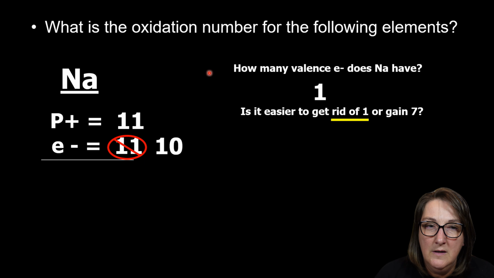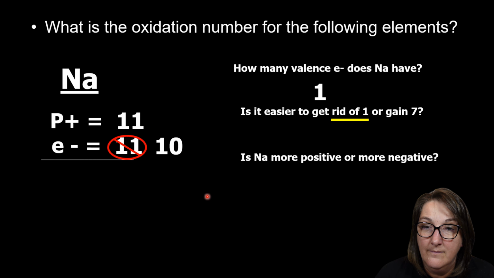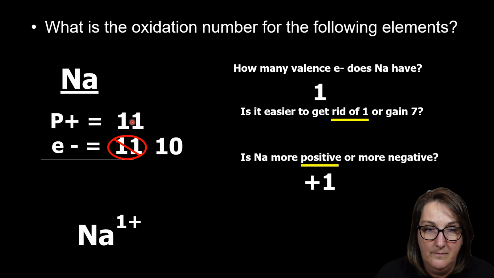And if it gets rid of that 1, I'm no longer going to have 11 electrons, I'm going to have 10. So am I going to be more positive or more negative? I'm going to be more positive by how much? By 1. Okay? So I would write that out as Na1+.